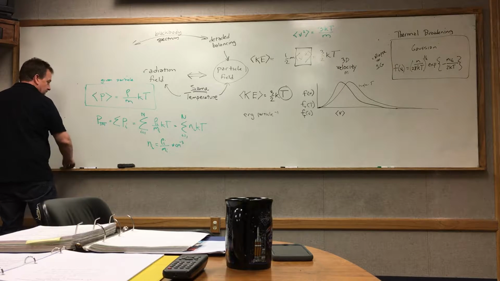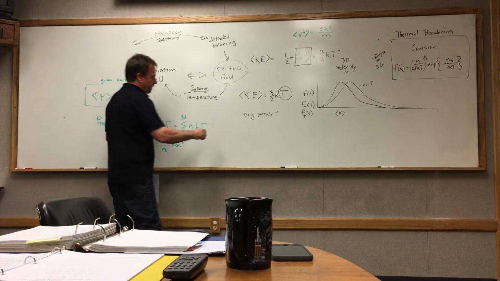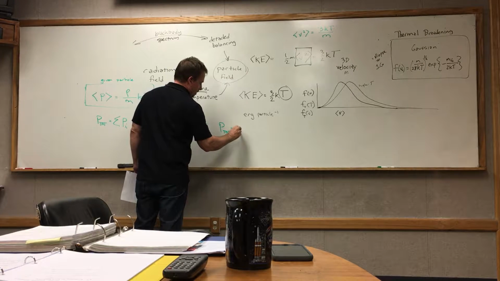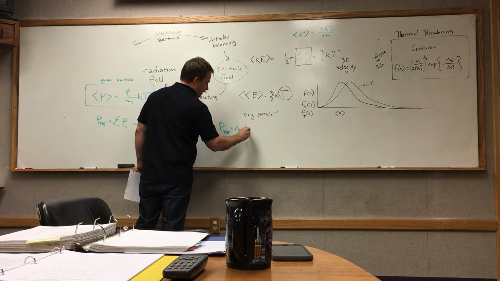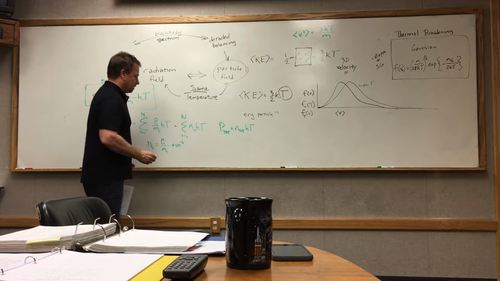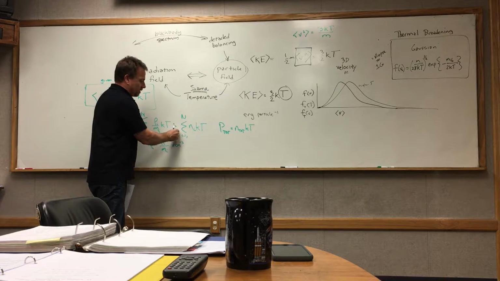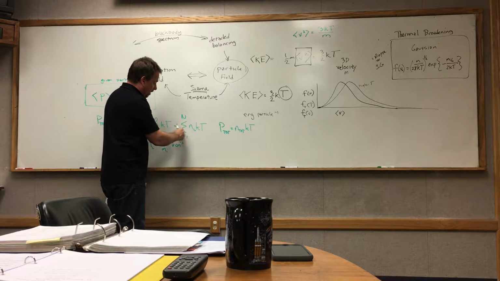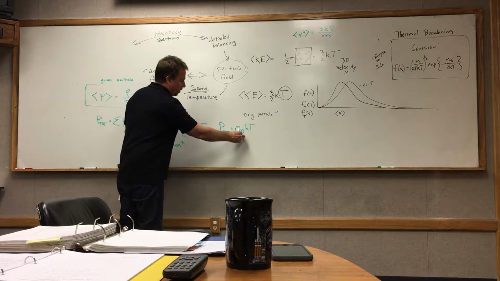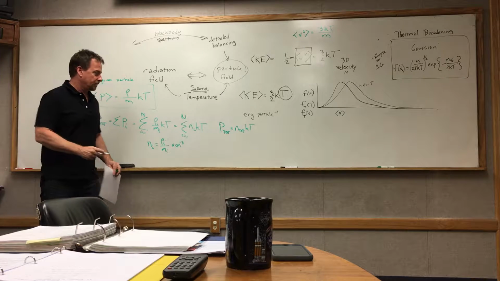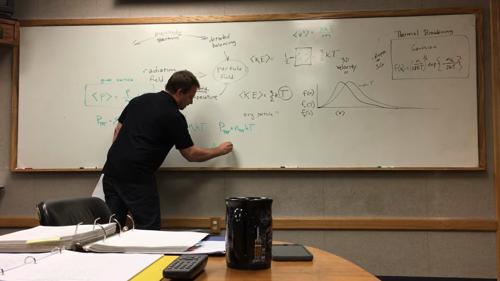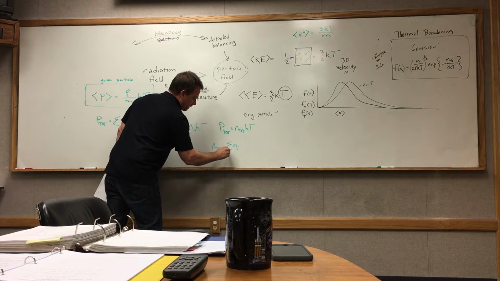It also turns out that P_tot equals n_tot kT, because the k and the T pull out of the sum, and then you sum up all the n_i's, you get the total density. n_tot equals the sum of n_i.